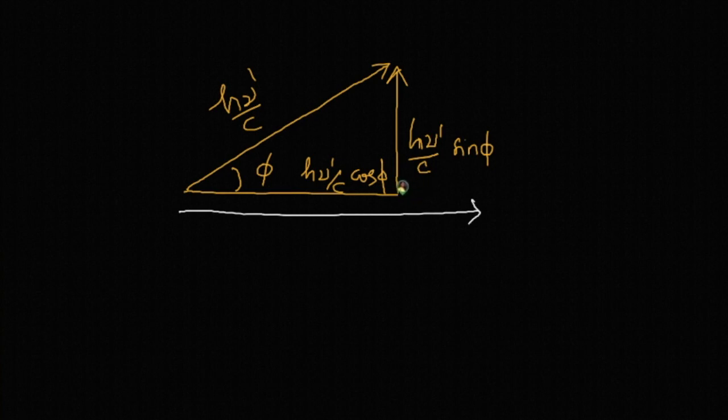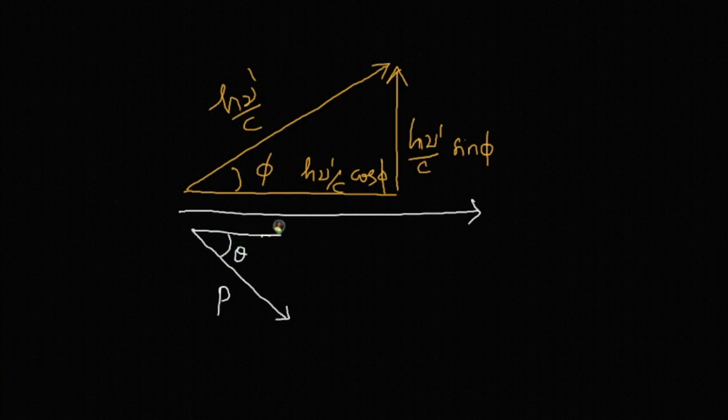Now moving on to the electron. In a similar fashion we can resolve the momentum components. We have taken the scattered electron to have a momentum p, because the initial momentum was 0. The momentum after the collision we are taking to be p, and it is moving at an angle, say theta, with the reference.